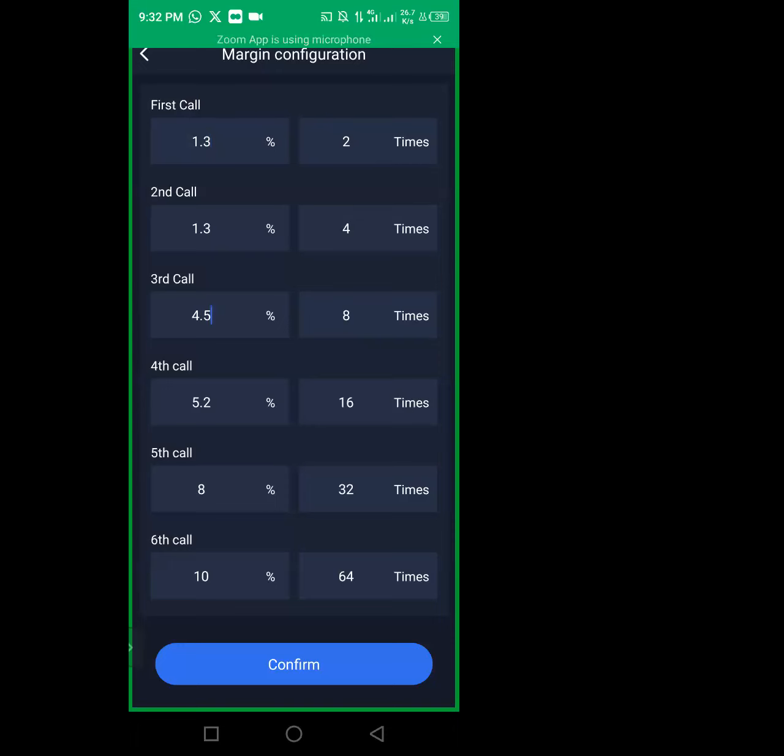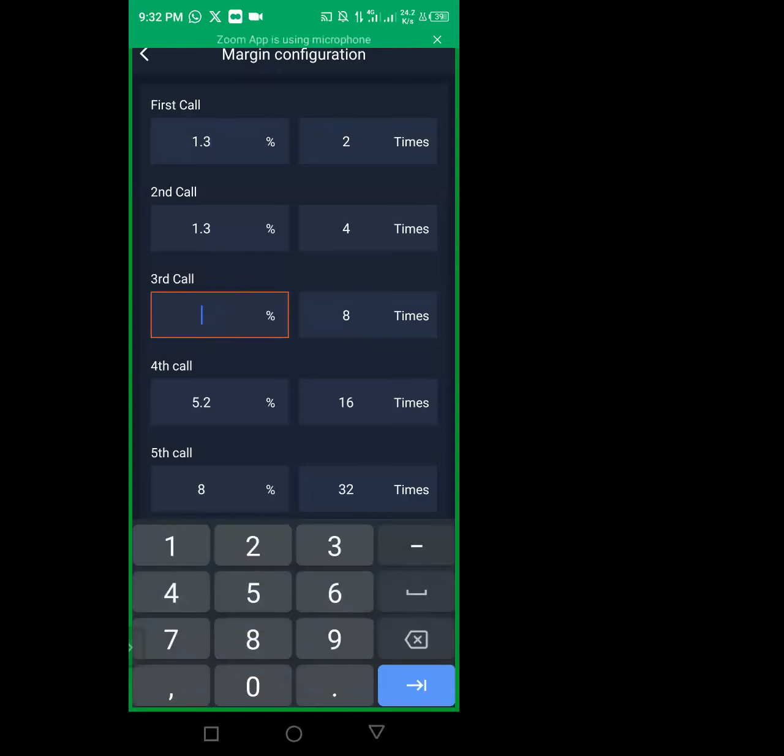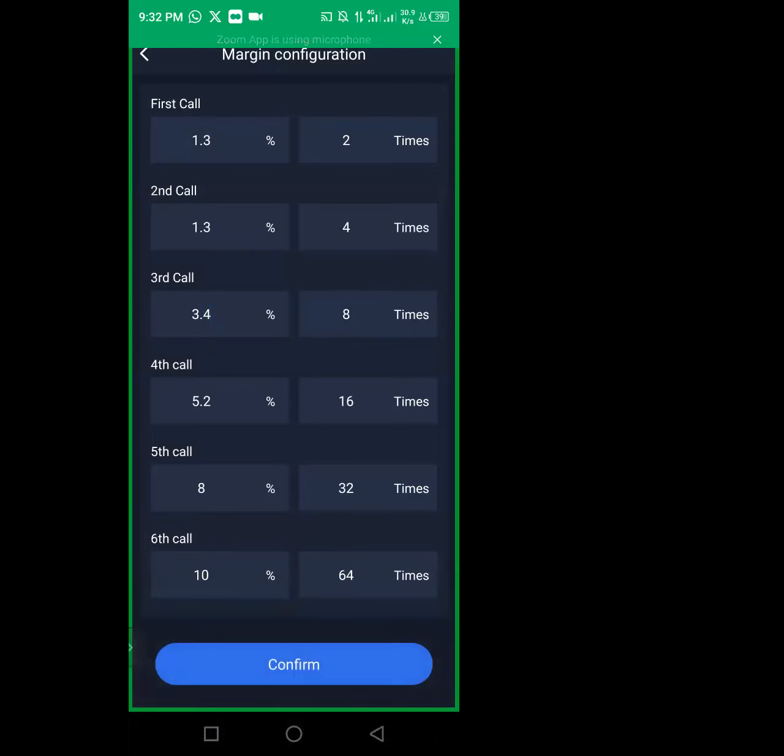So let's say this one is 3.4. 1.3 plus 1.3 is 2.6. If we add 2.6 to our third call, which is 3.4, it will give us 6. So we have gotten a 6% drop in our third call.